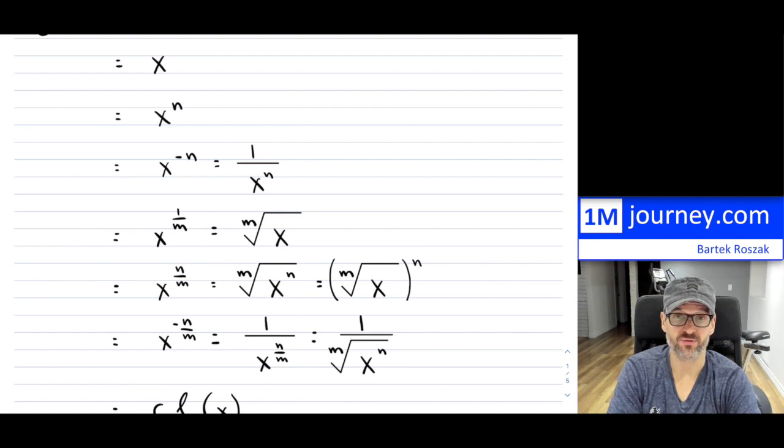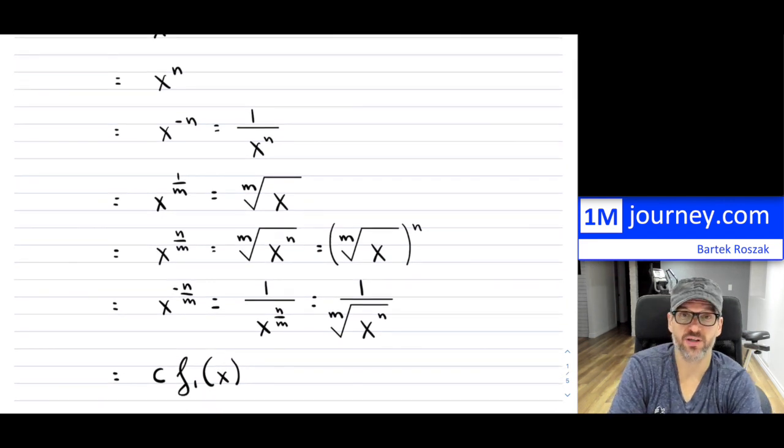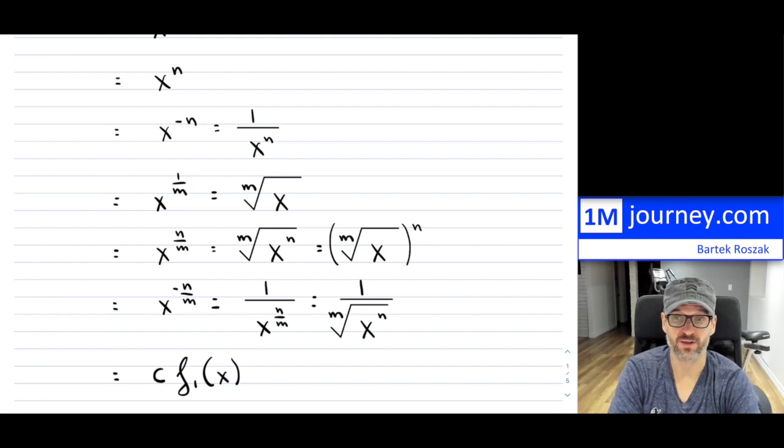What happens if you're dealing with radicals, which is really just 1 over m? That's what you see there. And this continues. What happens if you have a general n over m, where n and m is just some fraction in lowest terms? And what happens if it's negative?